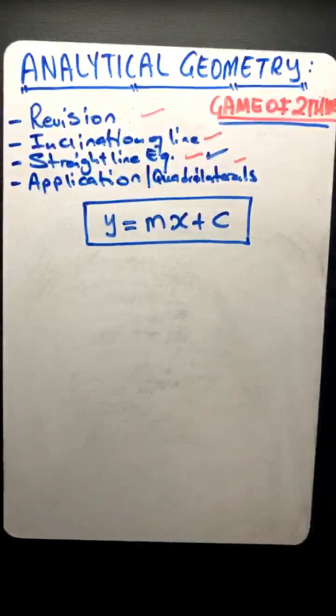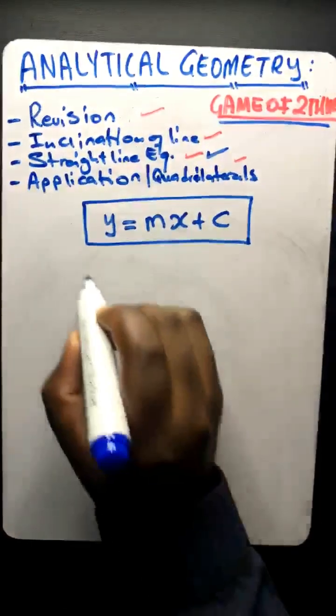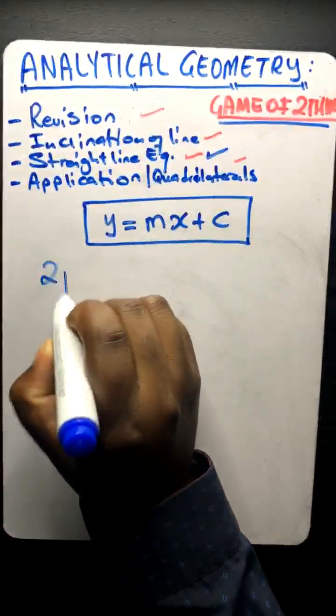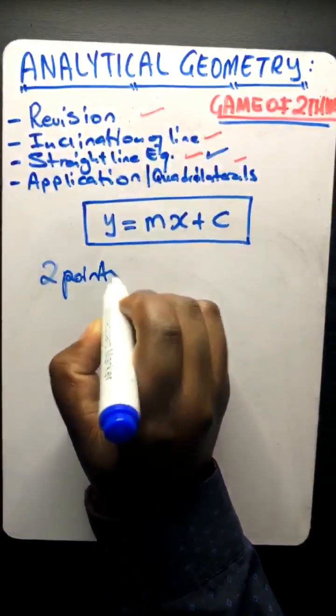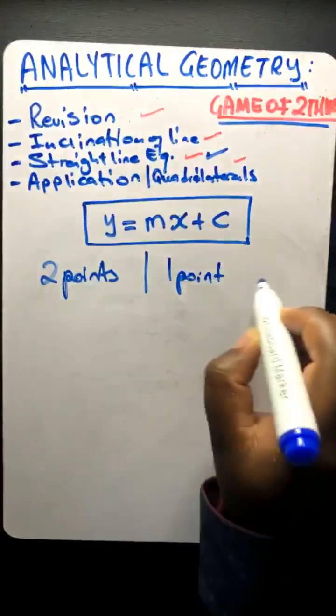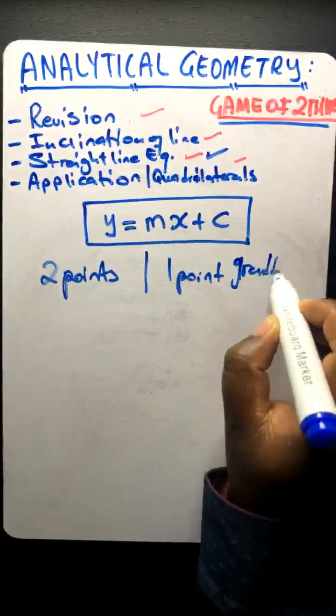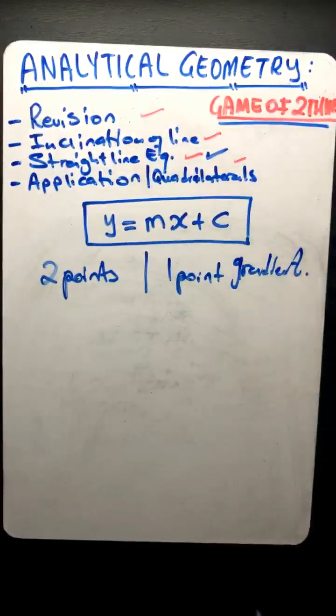What are the two things that you might need? Obviously, as I've indicated, it's either you've got 2 points or 1 point. And in this case, you will need the gradient again. So it's going to be a point and a gradient. It is as easy as that.